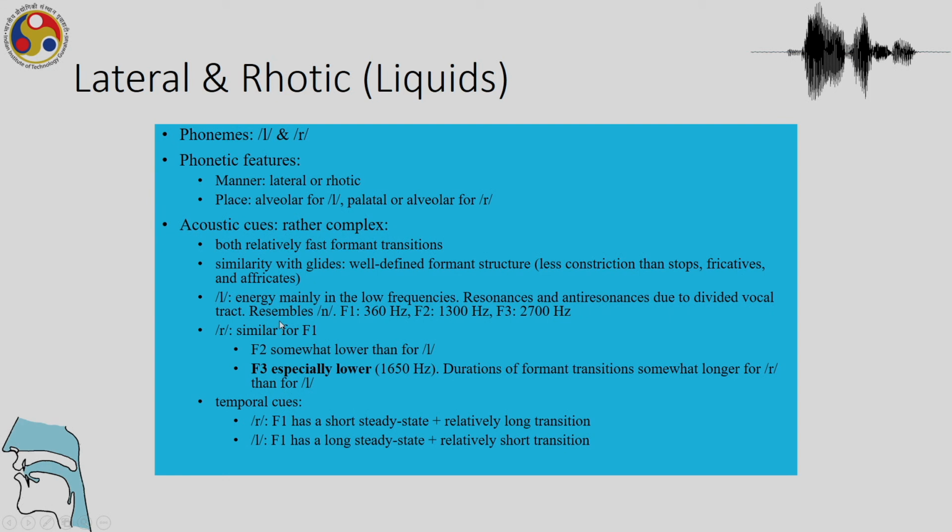However, one should remember the F3 for L is especially lower, F1 is also low, and then there are some other cues: for R, F1 has a short steady state and long transition, and for L, F1 has a long steady state and short transition. So even though the sounds are pretty similar, the timing of the F1 and the transition is different for L and R.